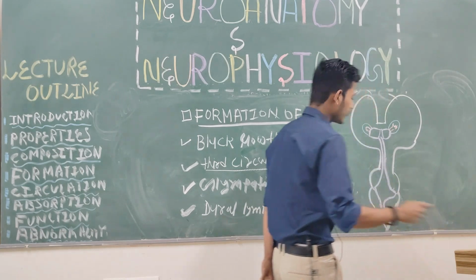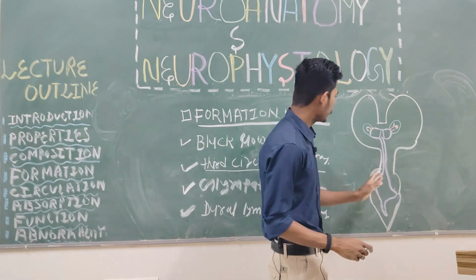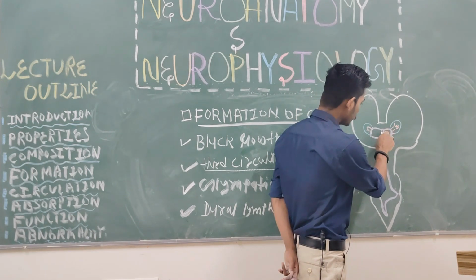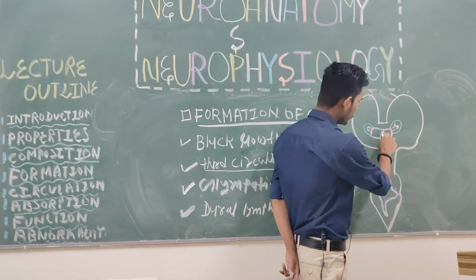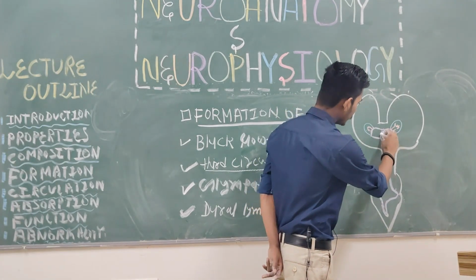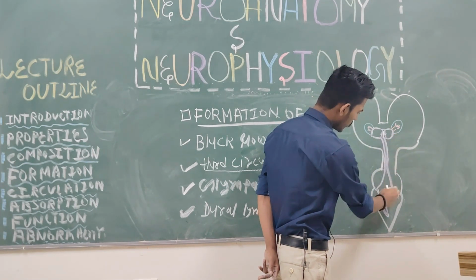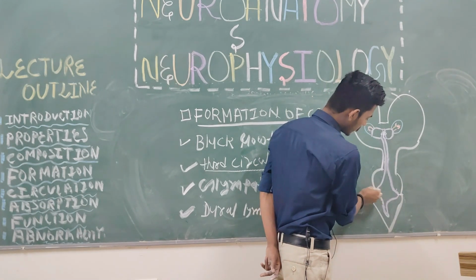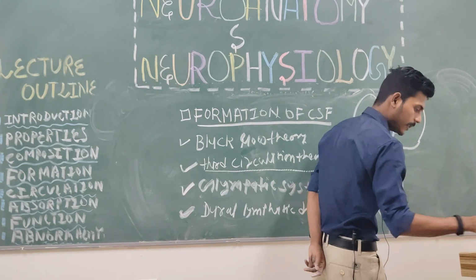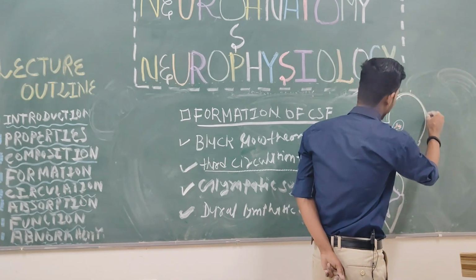Now the third circulation theory postulates that the CSF is formed by this choroid plexus, and drains into the third ventricle through the foramen of Monro. Then it comes via the cerebral aqueduct into the fourth ventricle, and there is the foramen of Luschka, which eventually opens into the subarachnoid space.